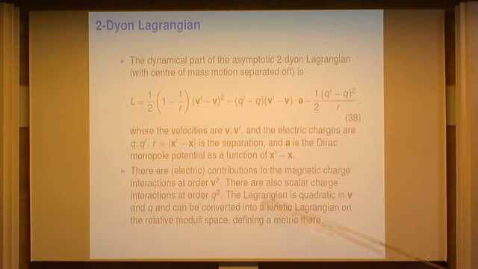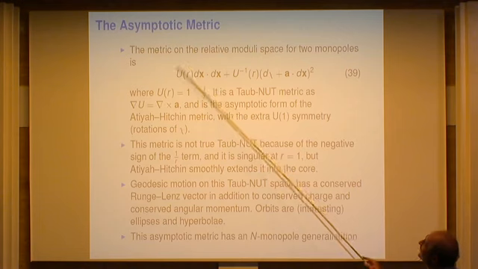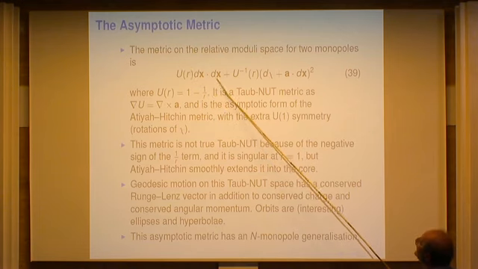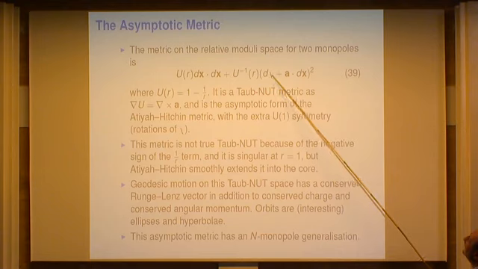Well, I've said most of this. So it's kind of quadratic expression, and therefore it can be converted into a moduli space metric. So you have to use this Kaluza-Klein idea to replace these constants by time derivatives of phases, and when you're done, you get a metric like this. So you get some function of r times dx dot dx, which came from velocity dot velocity, and you get this coupling of the phase to the Dirac potential.